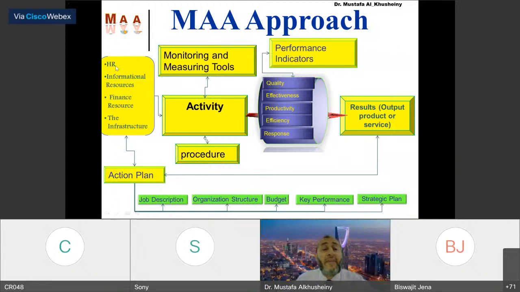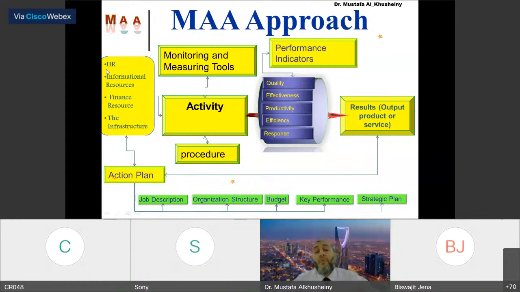Now, in case that tea boy gave himself 100 as a performance, this evaluation will not be the only evaluation. The evaluation of the employee, the tea boy, will come from himself, from his manager, from the stakeholders, from all the employees.